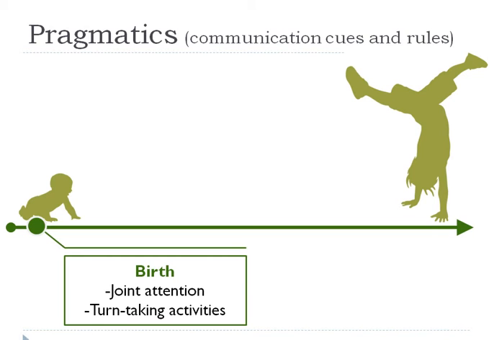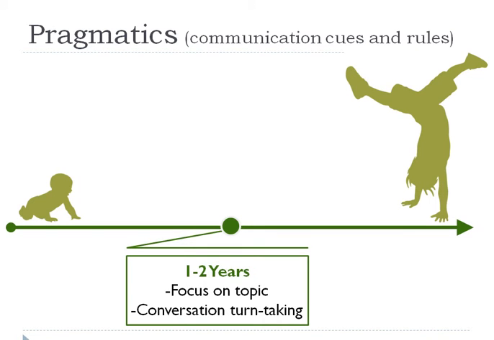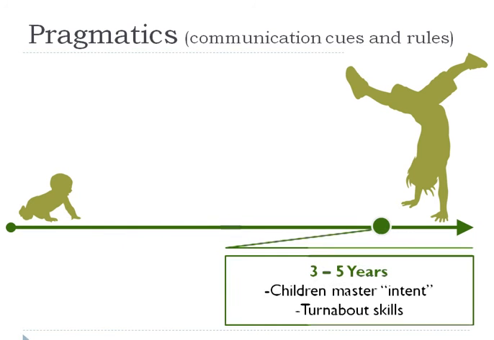Pragmatics at birth means joint attention. Babies are capable of sharing attention on something with another person, and they begin turn-taking activities. At about 1 to 2 years, children can focus on a topic and can start taking turns in conversation, passing a conversation back and forth.